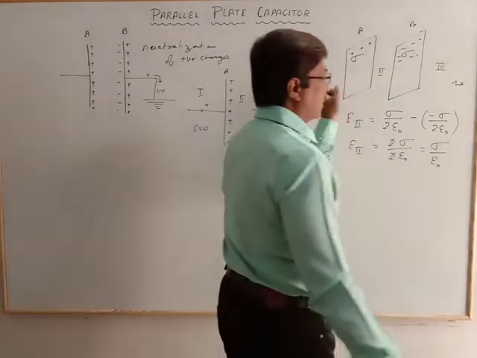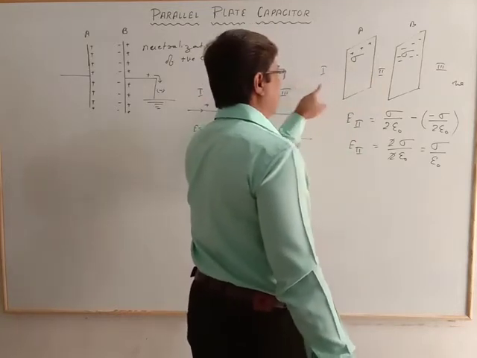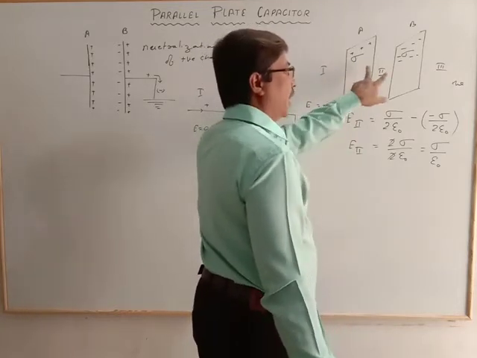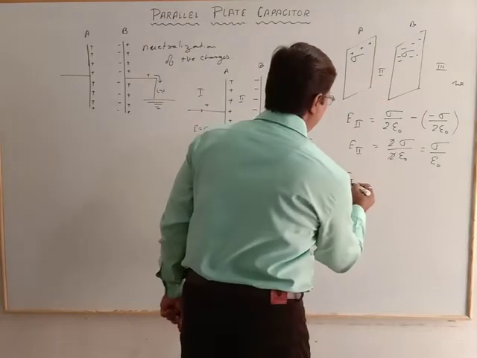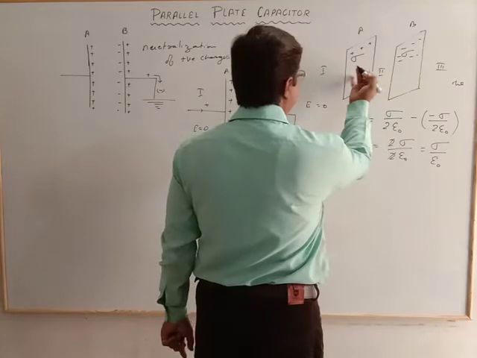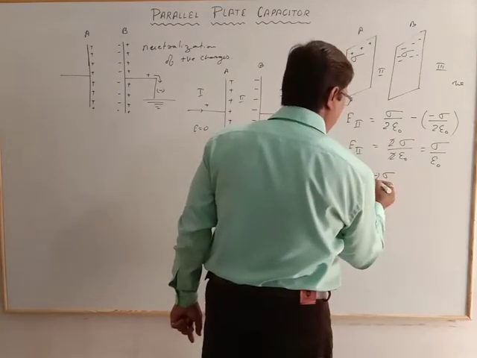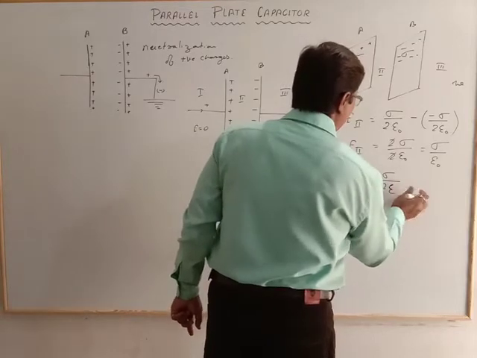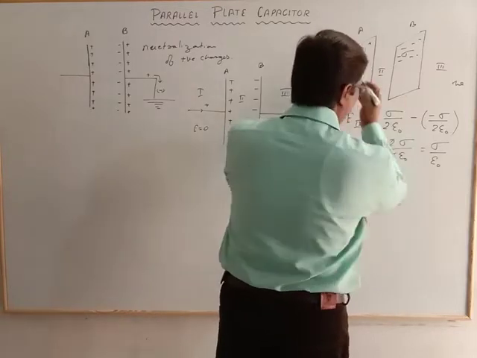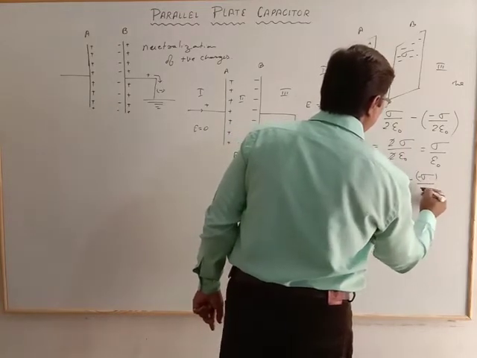If we consider the complete left side of the two plates A and B, in that case the electric field at the first region is equal to sigma by 2 epsilon naught, negative because of the direction, and here also the negative of the negative density by 2 epsilon naught.